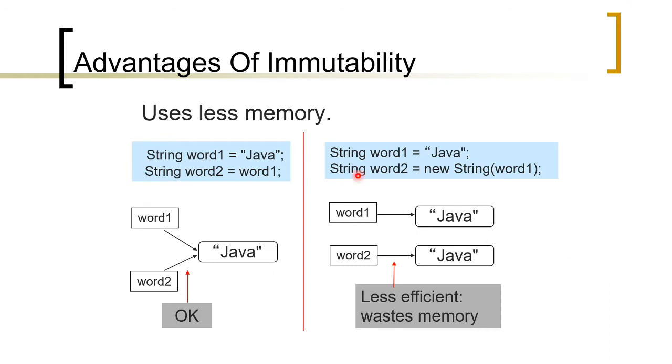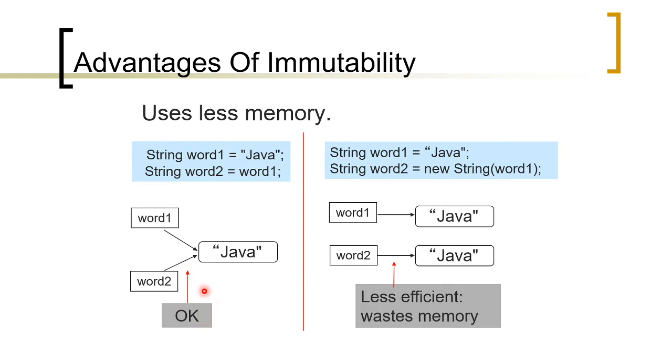For example, here we have two string variables. Word one refers to the Java string literal, and word two refers to word one. This is the representation of the declaration here. So word one and word two point to the same object. This is basically okay.